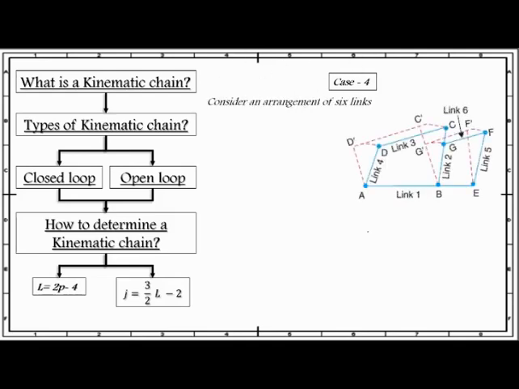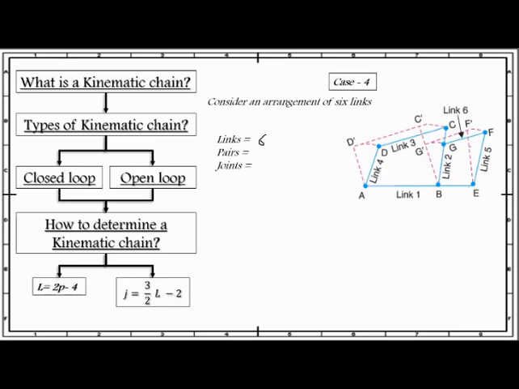This chain is formed by adding 2 more links in such a way that these 2 links form a pair with the existing links as well as form themselves a pair in this case. Thus, how many links are there? 1, 2, 3, 4, 5 and 6. How many pairs are there?